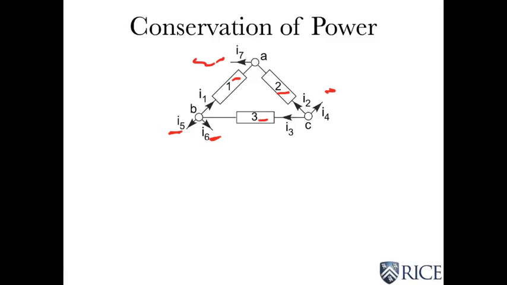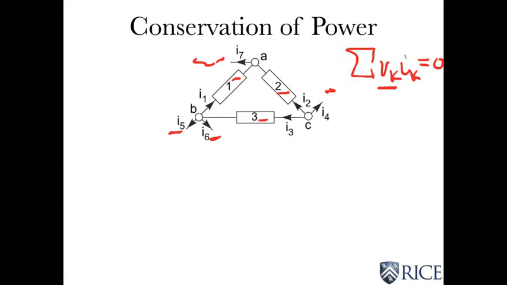I'm using this core of the circuit to illustrate the point I want to make. Now, what I'm headed for is to show that the sum of VK IK is equal to 0. So what I'm going to do is express the voltages across each element in terms of node voltages. The direction for that voltage is going to be defined by the direction I chose for the currents.